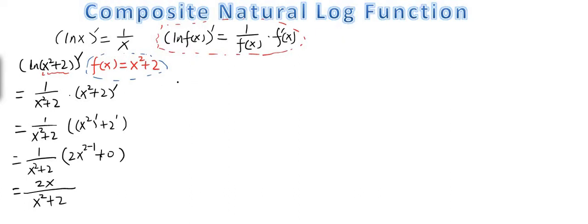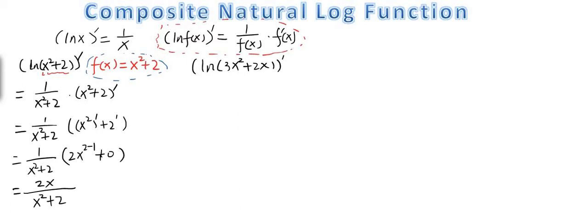Okay, now let's take a look at the second example: ln of 3x squared plus 2x, and we're gonna do the derivative.